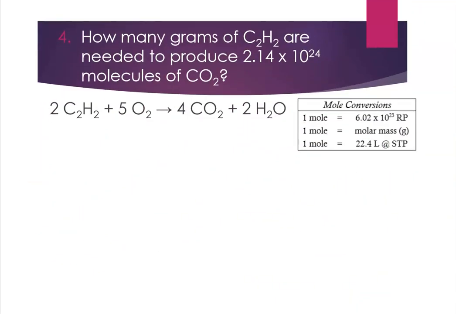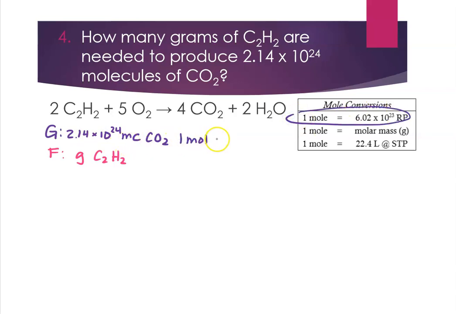So next up, we are given here 2.14 times 10 to the 24 molecules CO2, and I'm trying to find grams of C2H2. All right, so first I need to go from molecules to moles, so I'm going to need a conversion factor. Molecules are the same as particles, so 1 mole is 6.02 times 10 to the 23rd molecules of CO2.